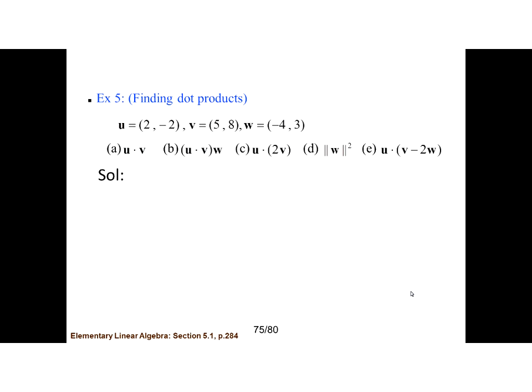There is one another question. Three vectors are given, u, v and w, and the question is to find the dot product u dot v. The second question is find (u dot v) w. And the third question is u dot (2v). So you will tell me the answer of this question.